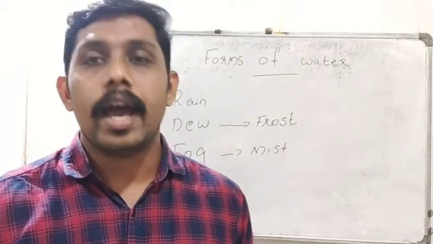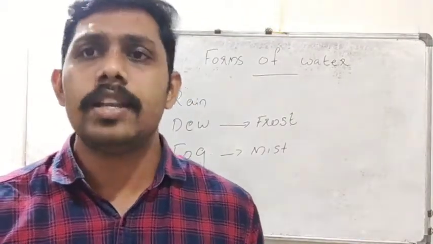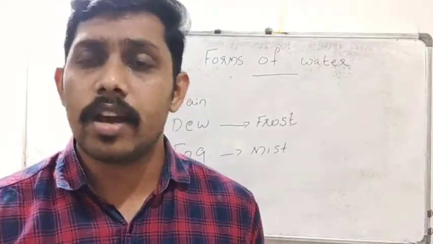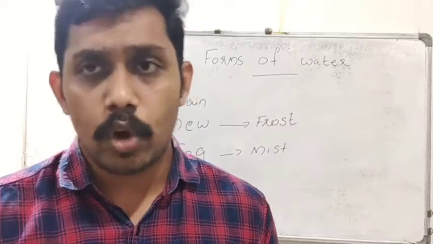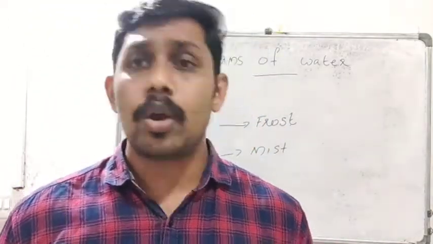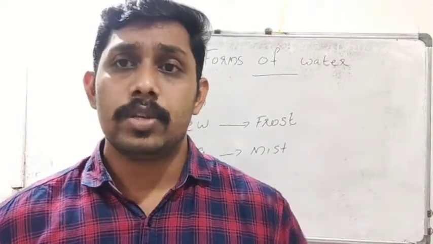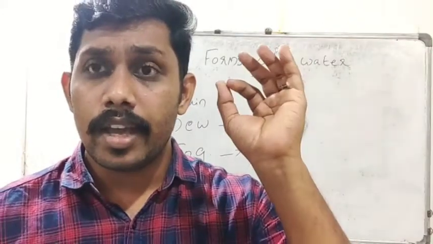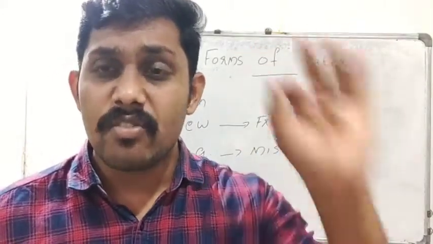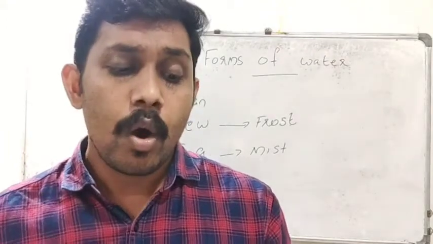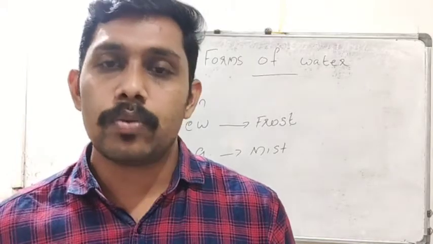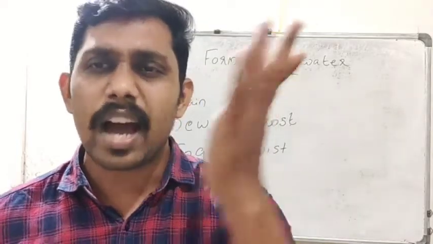The next topic is snow. We have all heard about snowfall, isn't it? During very cold winter days, when the weather becomes very cold, water vapor freezes to form small ice crystals.